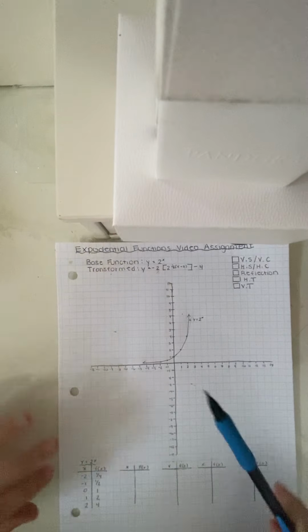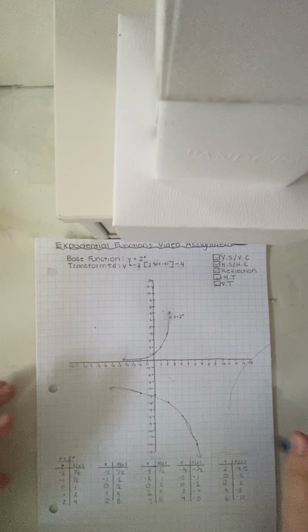So you can just draw in that line. That's kind of crooked, but that's kind of like the line it should be. That's how you transform that into that. So we can check these off. I got everything. Thank you.